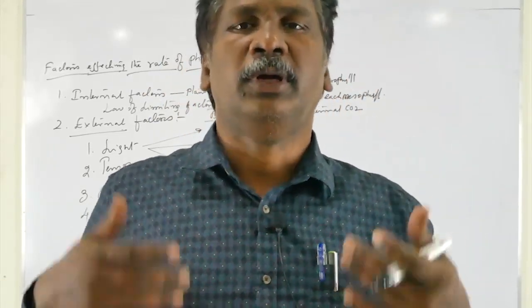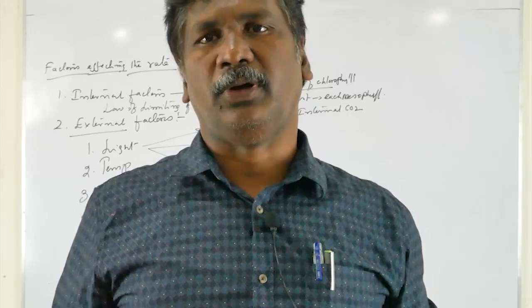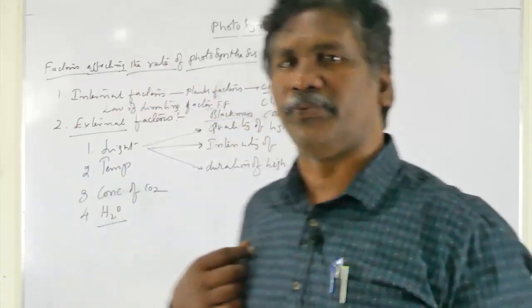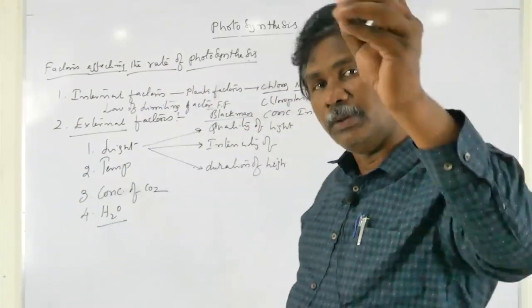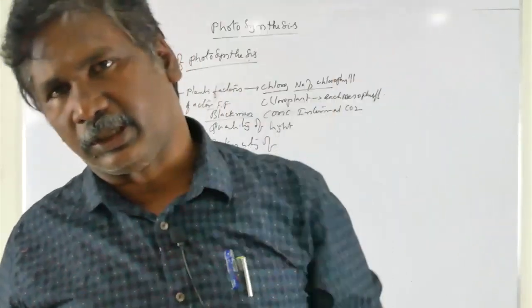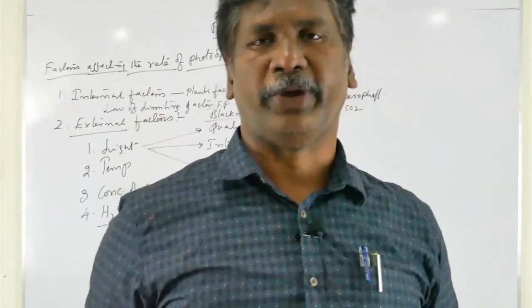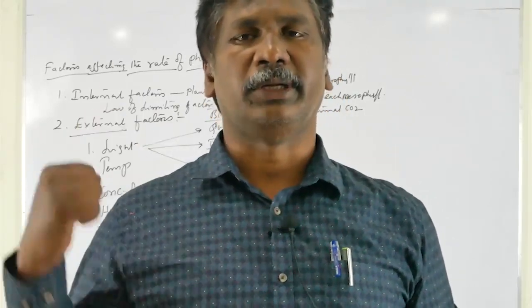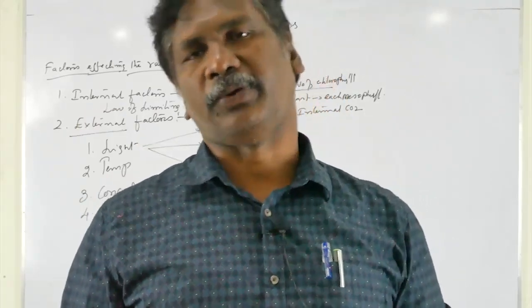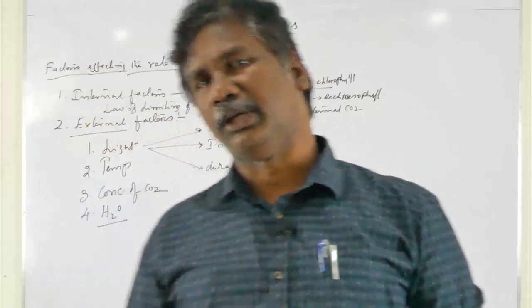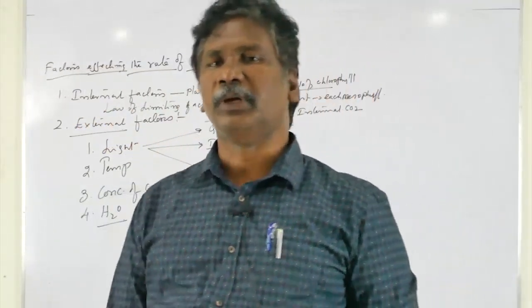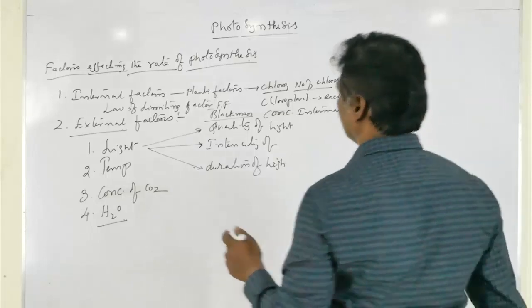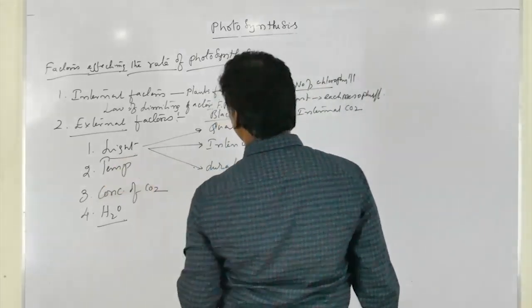That type of factor, the minimal value factor, is called the limiting factor. That is the law of limiting factor, proposed by F.F. Blackman. Then we will come to the external factors like light.